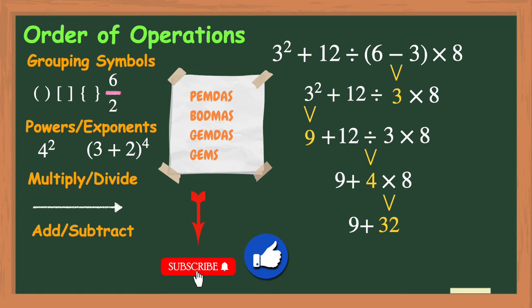The operations in this step also need to be completed going from left to right, just like multiplication and division. However, the only operation left in my expression here is addition, which means that I don't have to worry about which operation to complete first. So I just add 9 and 32 to get an answer of 41.